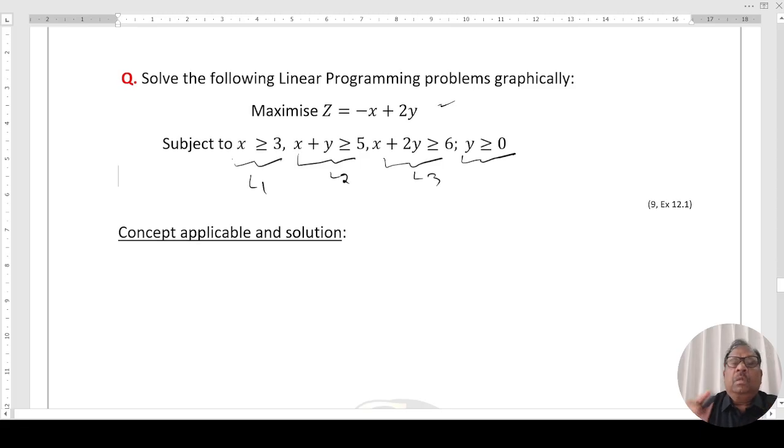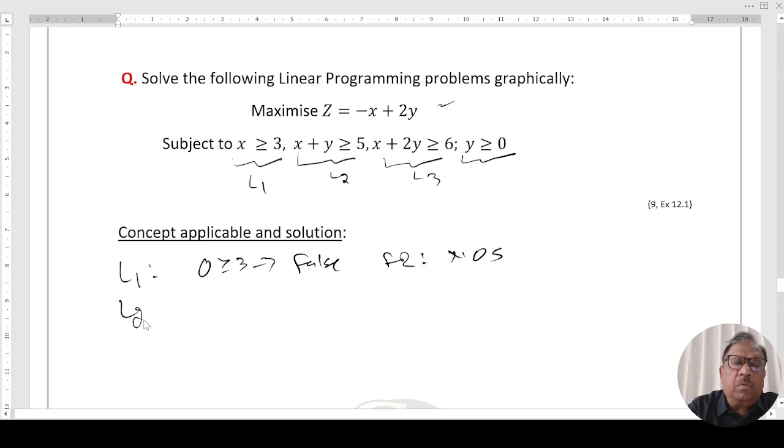Now, concept applicable to solution. Line L1, if it is x, 0 greater than 3, false. Feasible region, non-origin side. L2, 0 plus 0 greater equal to 5, false.